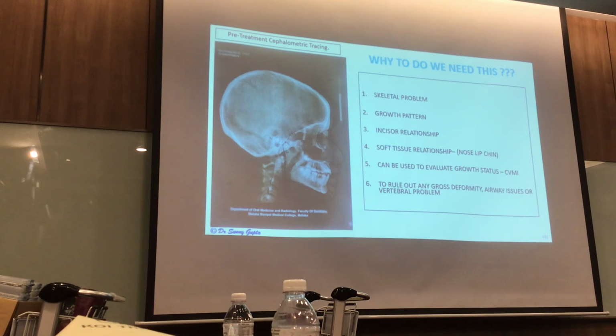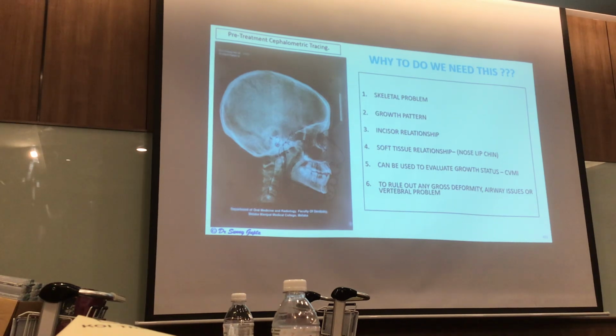Could you get the information of skeletal problem in clinical examination? You could not? I told you we can get some information clinically. And we wrote down these values here. So could you get this information by looking at the patient, whether the patient has a convex profile or a concave profile? I'm not asking you to quantify it.